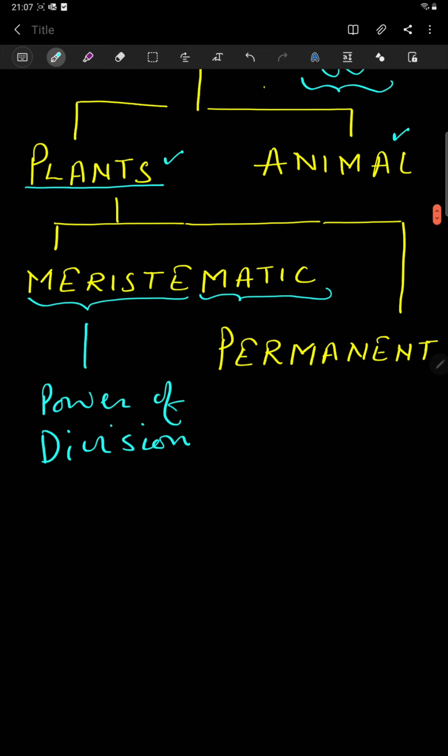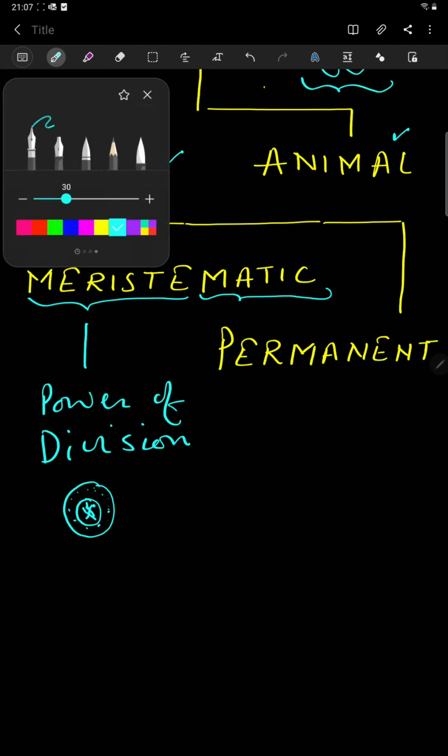If any cell is ready to divide, it means the cells must have a large nucleus with chromatin thread and nucleolus, and of course cytoplasm without any vacuole. If this type of cells are in a group, in that condition no intercellular spaces will be there.